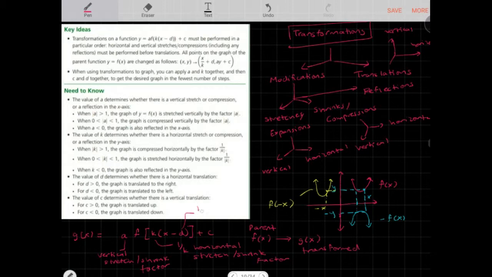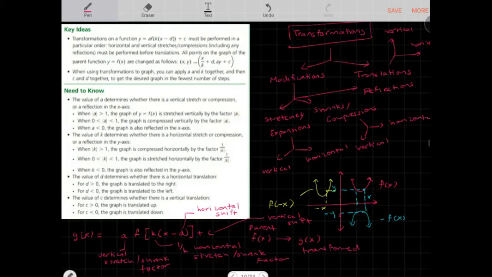D here is for the horizontal shift. C here is the vertical shift. And you can correlate this with some of the terminology that's found in this portion.